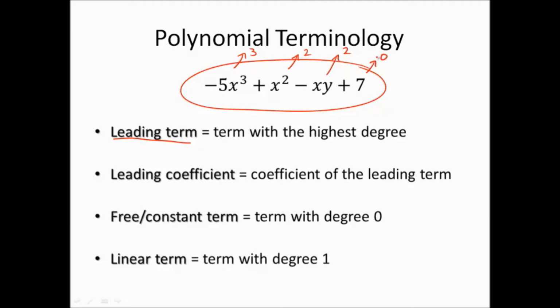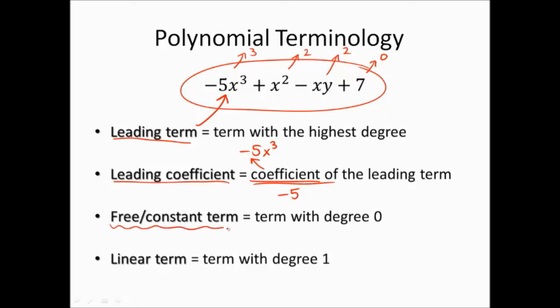Those are the degrees. So the highest degree was this first term here. Therefore, negative 5x cubed was the term with the highest degree, therefore the leading term. The leading coefficient is the coefficient of the leading term, which is the number multiplied in front of the leading term. In this case it is -5.